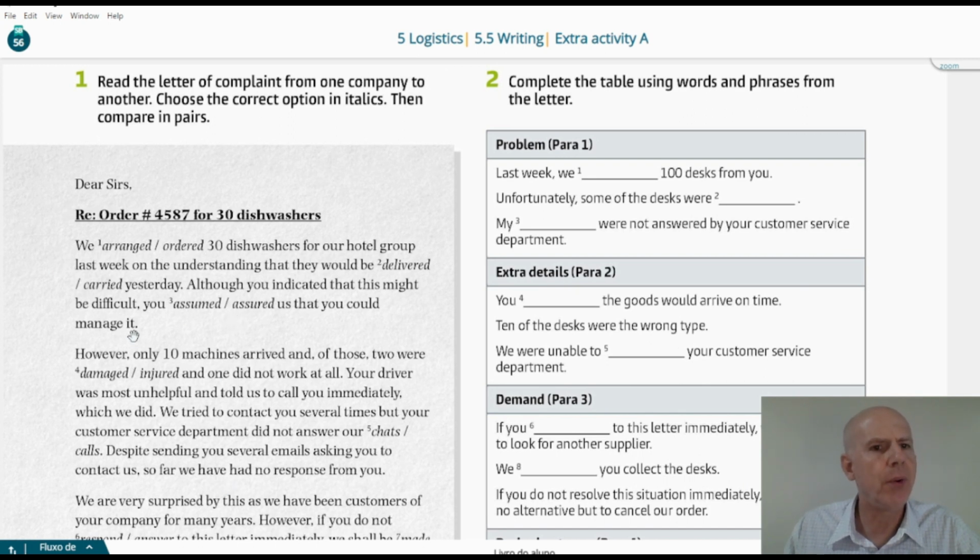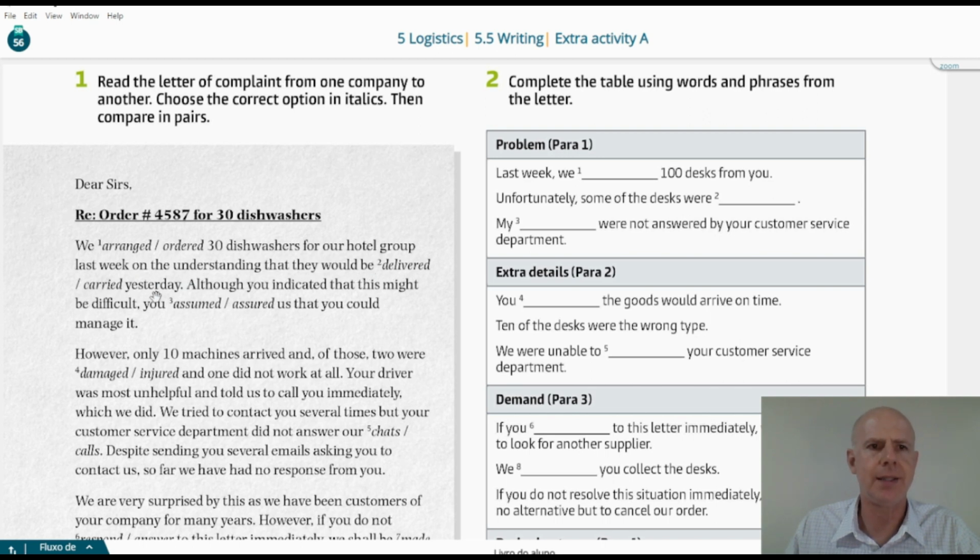But before talking about the exercise in which we have to choose between two options every time, let's learn what happened.